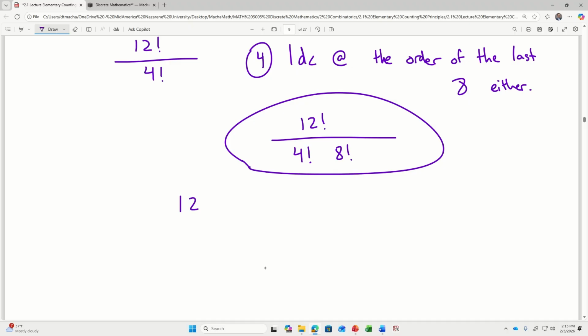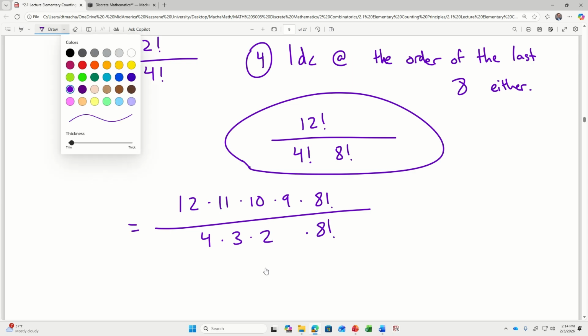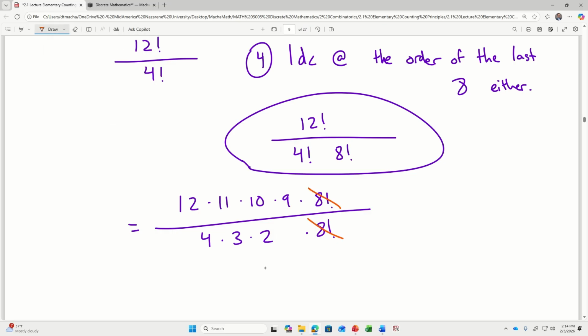12 factorial is the same thing as 12 times 11 times 10 times 9 times 8 factorial. 4 factorial is 4 times 3 times 2. So notice the 8 factorials cancel.